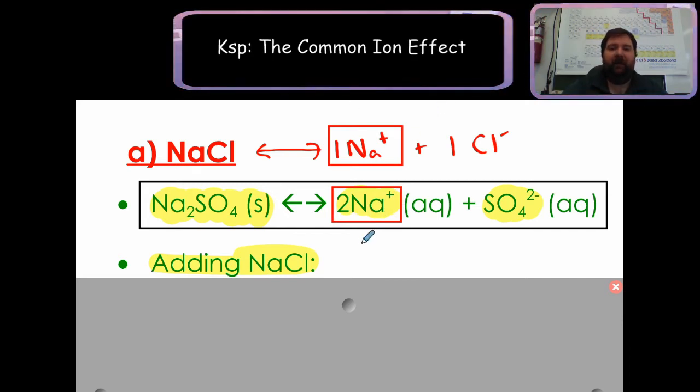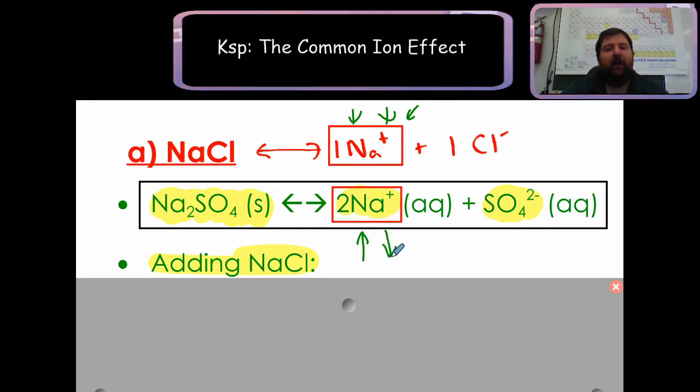What it means is if by adding sodium chloride we get more sodium ions, then down here there's going to be more sodium ions that are available to react in our original equation. That's a stress. If the stress is that there's too much sodium, what are we going to try to do?